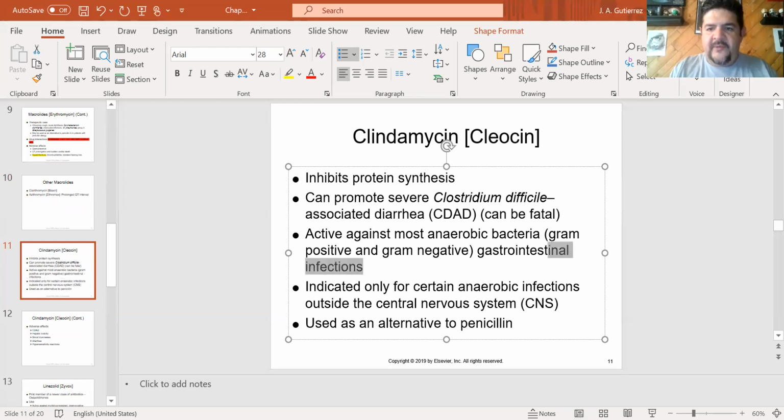That's the most common use for clindamycin. It can also be used for any other infection where there's no oxygen in the tissue. And same thing, if the patient is allergic to penicillin, clindamycin, just like erythromycin, can be used as an alternative.